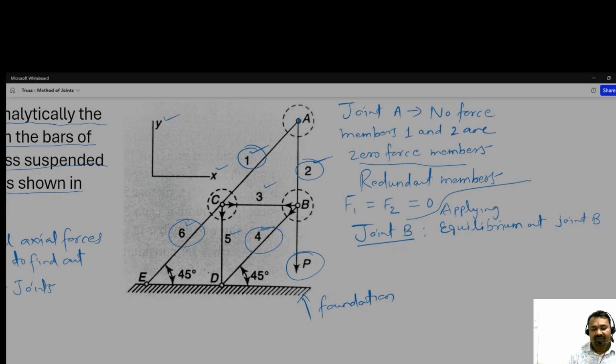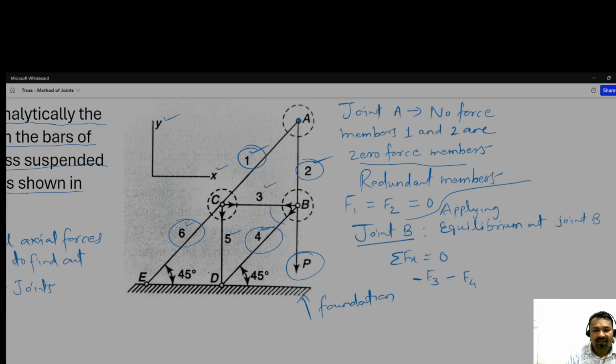If we talk about the summation of Fx equal to 0, what will be the direction of F3? With minus. And what about F4? It is also with minus sign. And what about the angle?